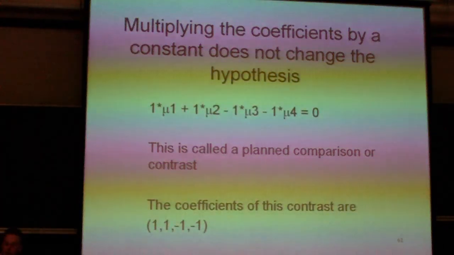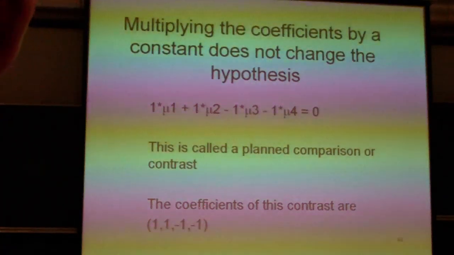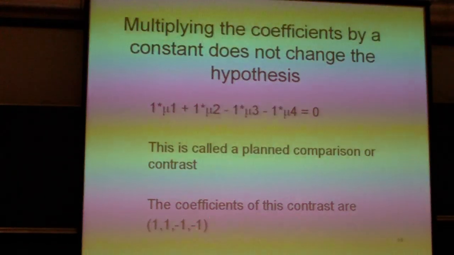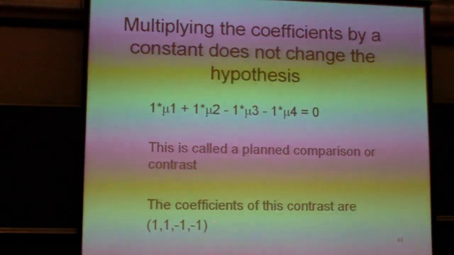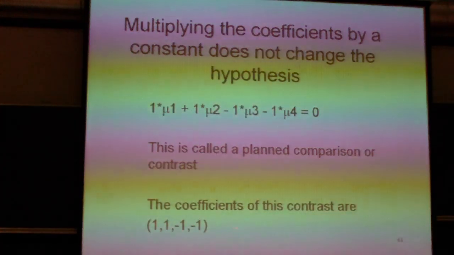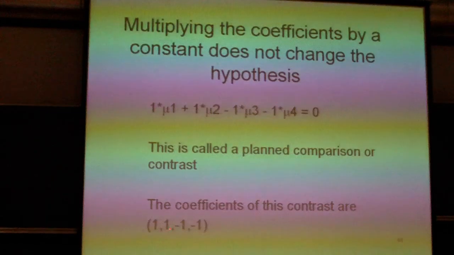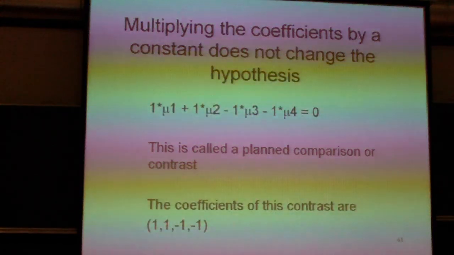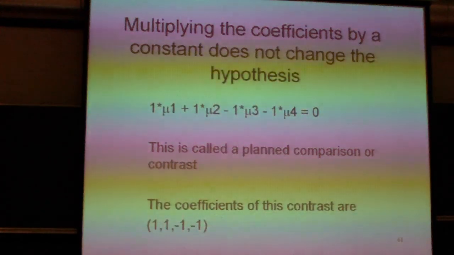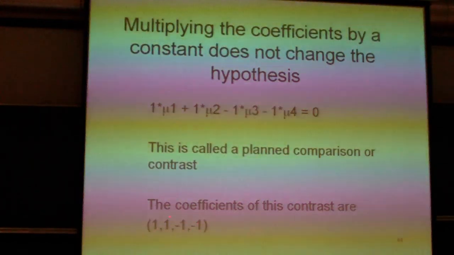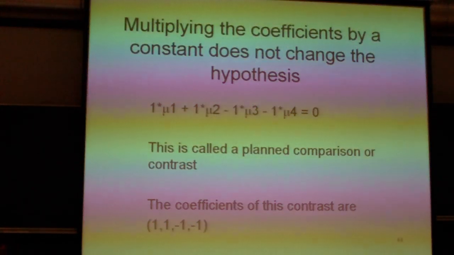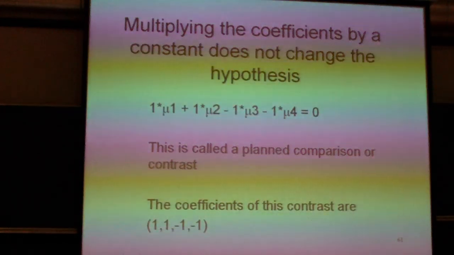And if you know which groups these particular coefficients pertain to, you can immediately see for yourself what sort of an effect is actually tested here. Because I know that the first two groups both had difficult labyrinths, and the last two groups both had easy labyrinths. I can immediately see by looking at this particular collection of contrast coefficients that what I'm actually doing is testing for a difficulty effect.